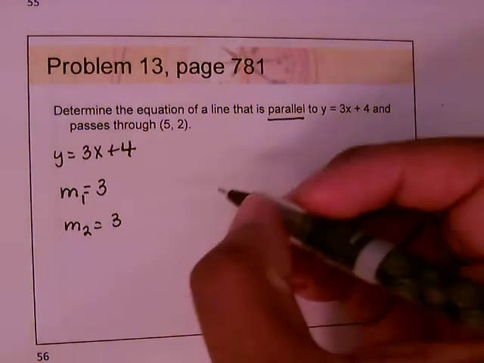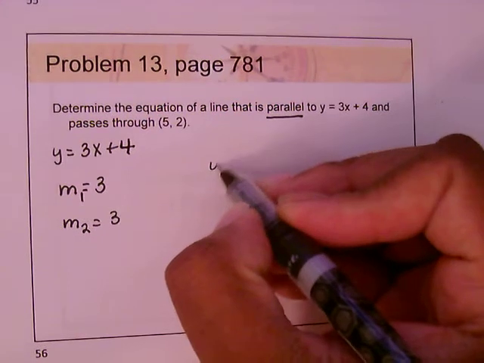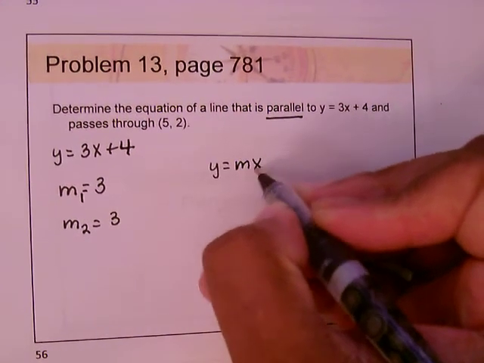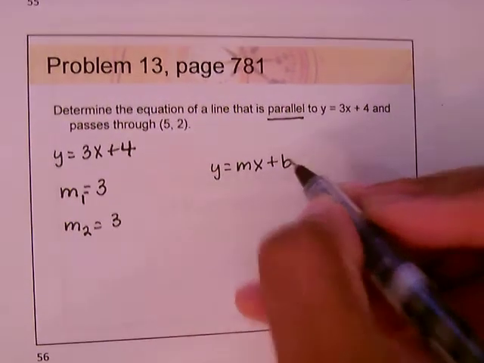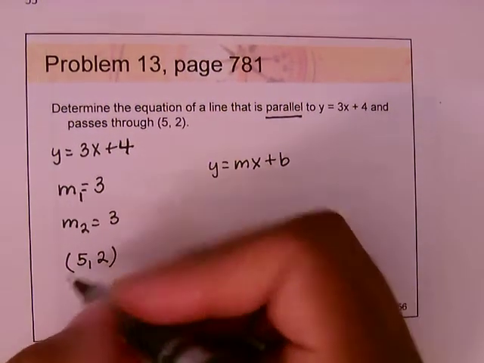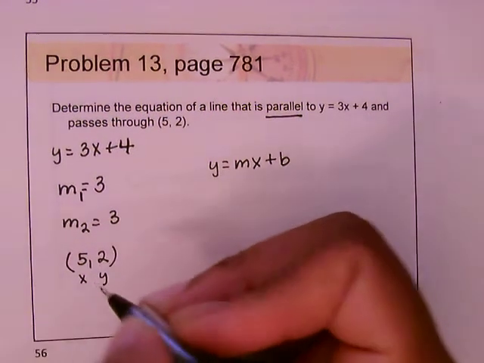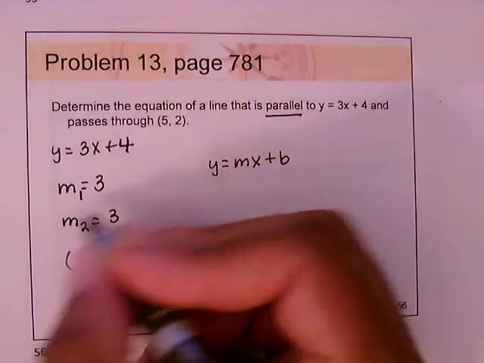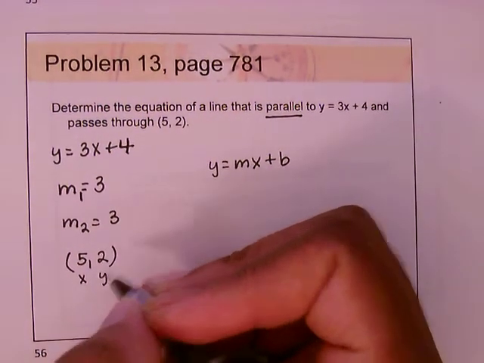So now, we're going to use y equals mx plus b. I know my ordered pair is (5, 2), so this is x and that's y.